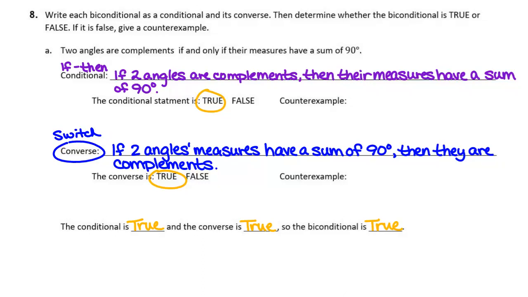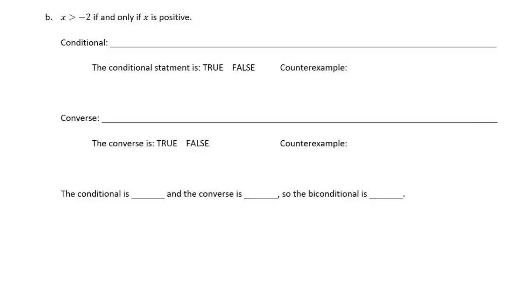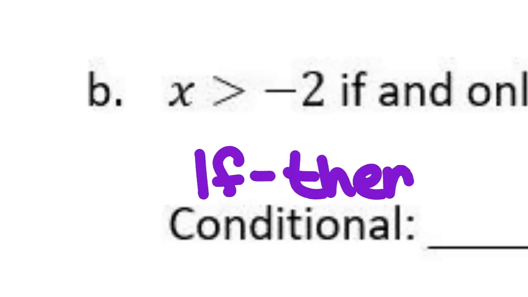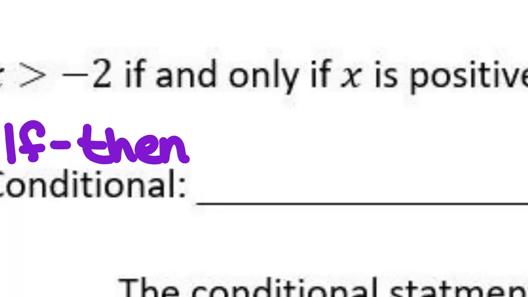All right, let's try one more like that. I'm going to start with the biconditional: x is greater than -2 if and only if x is positive. Let's write an if-then from that. What would this look like?